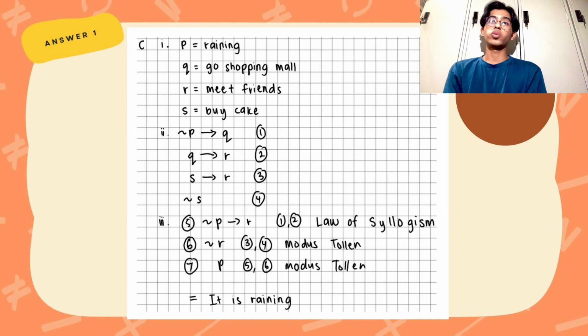First of all, we compare implication 1 and implication 2, using the law of syllogism, and we get negation P implies R. Next we compare implications 3 and 4, using modus tollens, and we get negation R. The last one is we compare 5 and 6 using modus tollens, and the answer is P. So the conclusion is: it is raining.